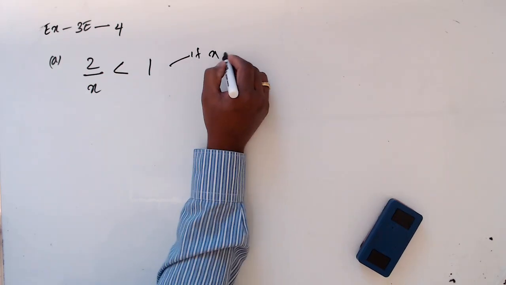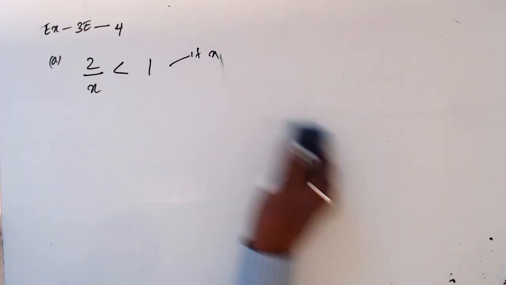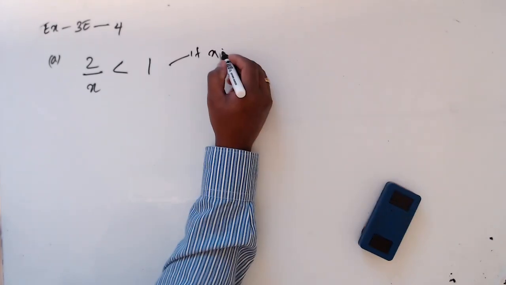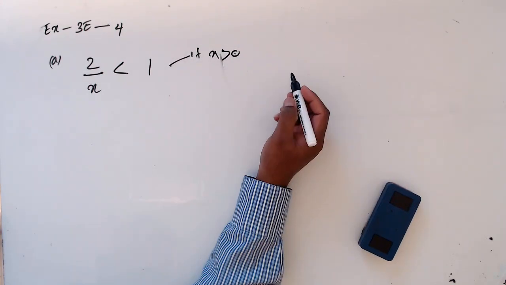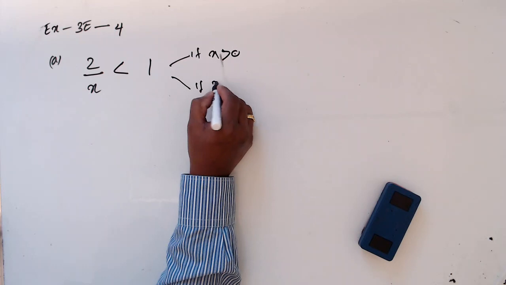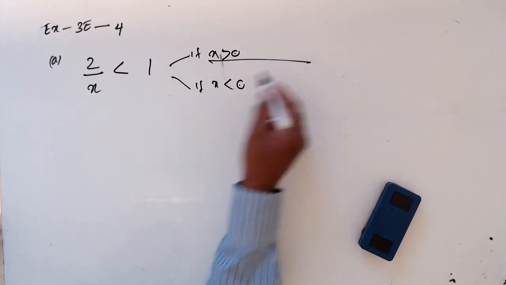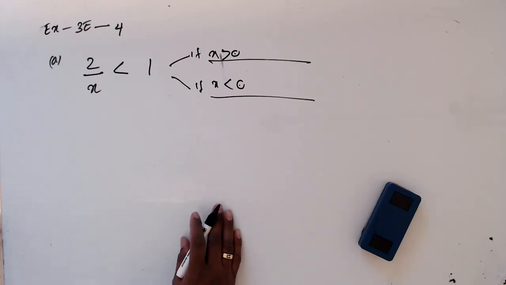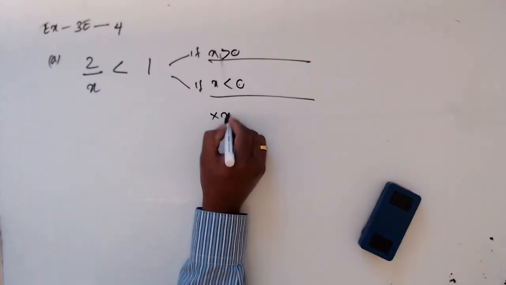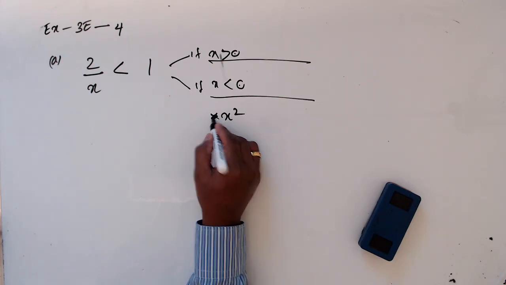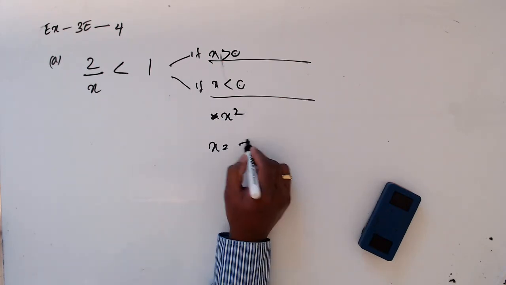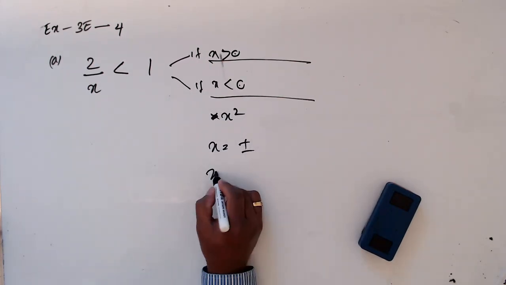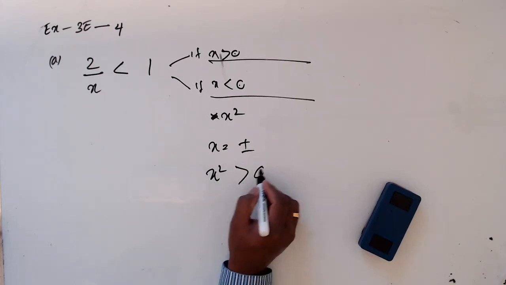If x is greater than 0, and if x is less than 0, we have to consider two cases. But we can avoid this by multiplying by x square, because we know x can be plus or minus, but x square is definitely greater than 0.